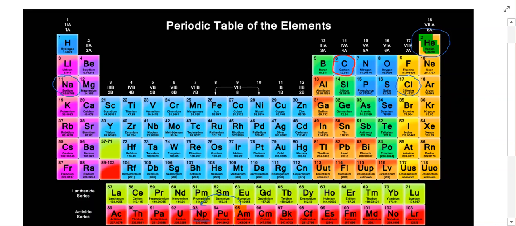Now what happens is one of the neutrons in the nucleus turns into a proton, so that bumps up the atomic number by 1. So it changes from carbon to nitrogen. So you have nitrogen here. And that's essentially what happens. And then what it does is it gives off an electron, so a high energy electron.